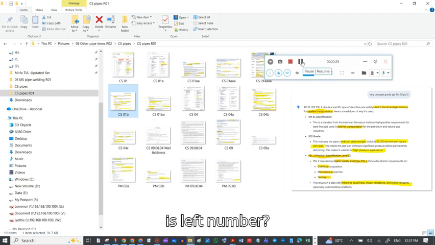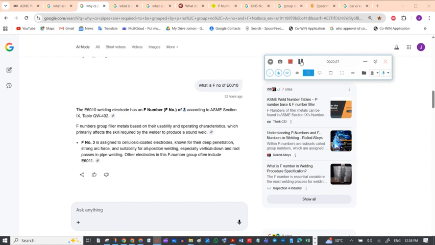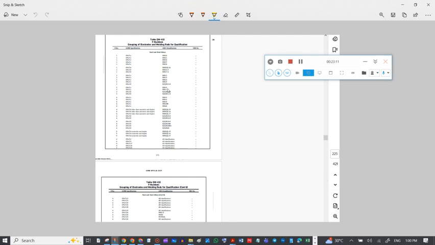What is the F number of E6010? The F number of E6010 is 3 according to section QW-432. So F number is 3.